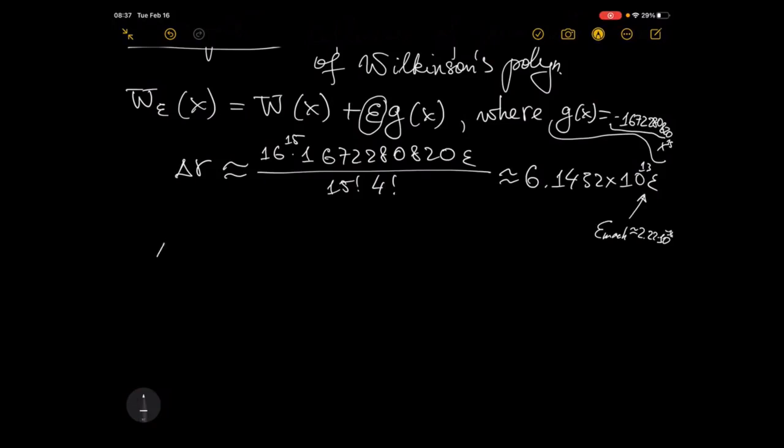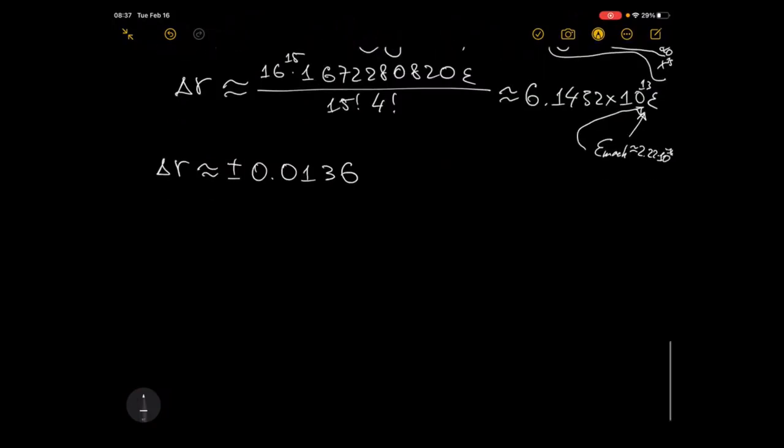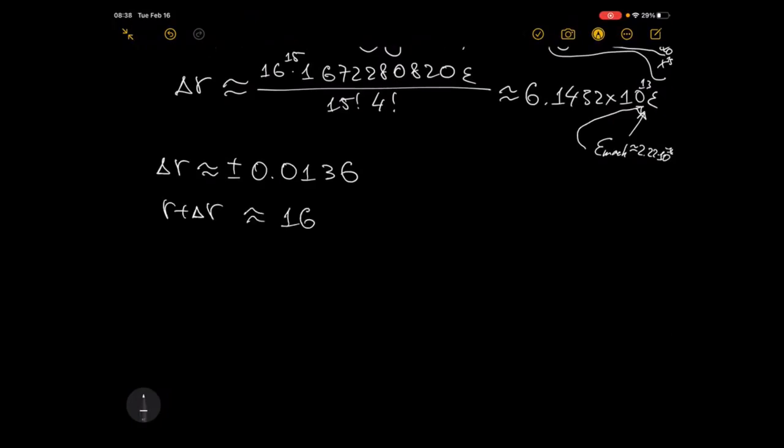So the result, delta R, will be approximately plus minus 0.036. So it's more or less what we observed before. Because R plus delta R would be approximately 16.0136 instead of exactly 16.